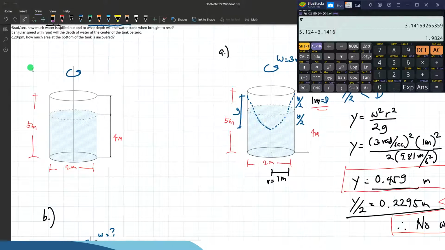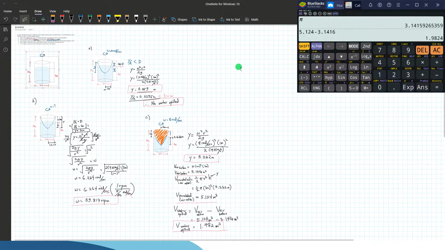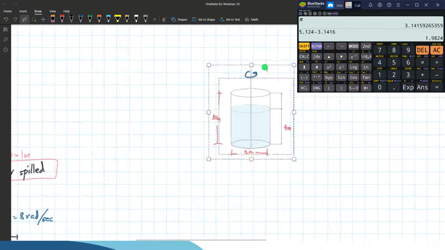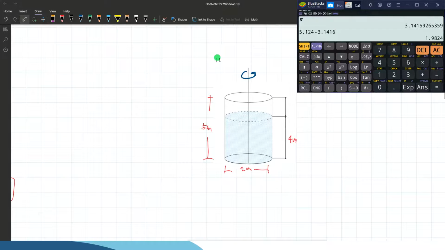So again, let's copy this figure. And for letter D, let's put it here. Okay, so the vortex should touch the bottom.